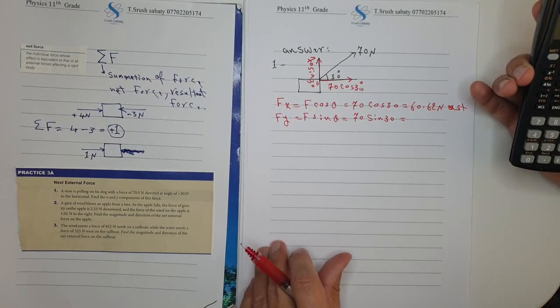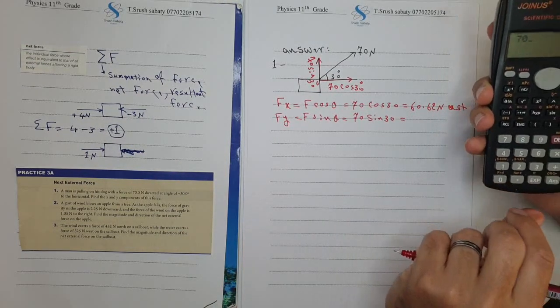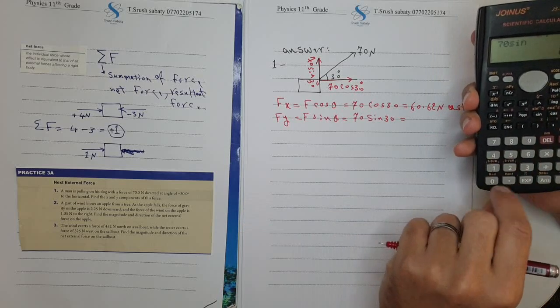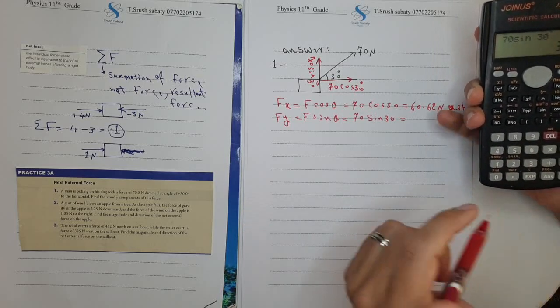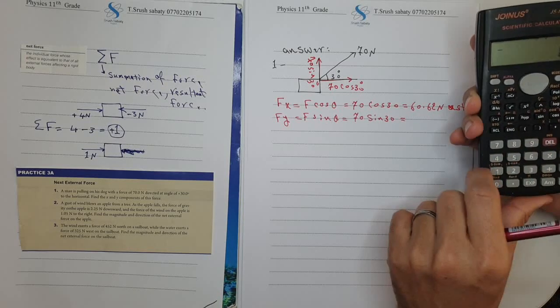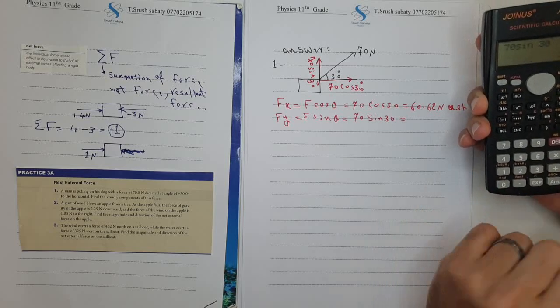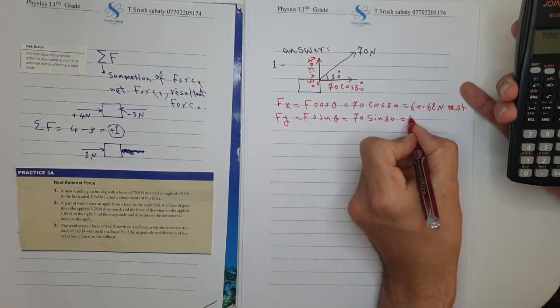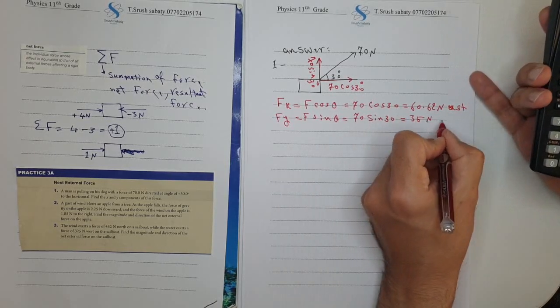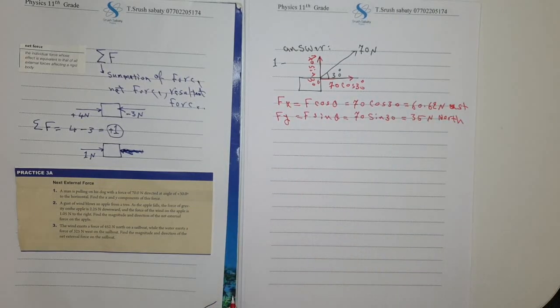The other is 70 sine 30 degree. Sine 30 degree is half, so the result is 35 Newton toward north. This is the answer of the first one.